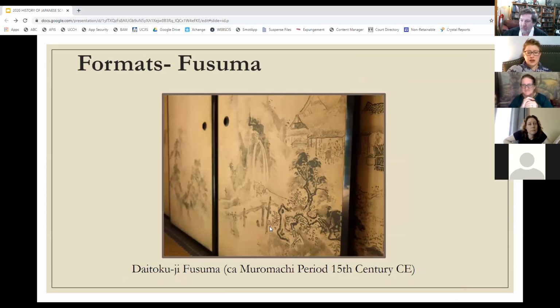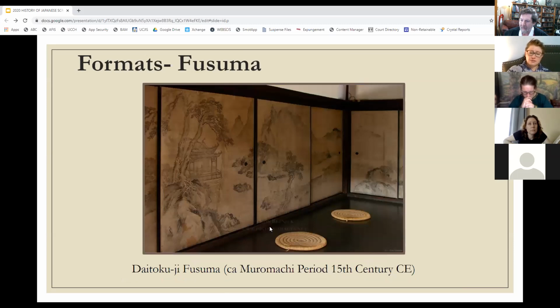Now this is the Daitoku Ji Fusuma. So this is really pretty because it's getting into that ink wash painting that we're all very familiar with. It's very pretty. There's more, and you can see people say, well, that's a Chinese pavilion.